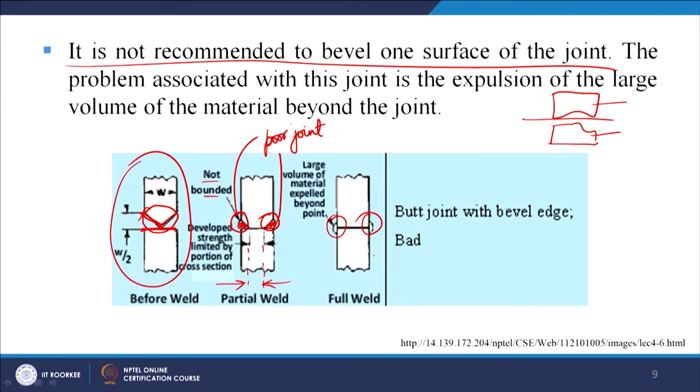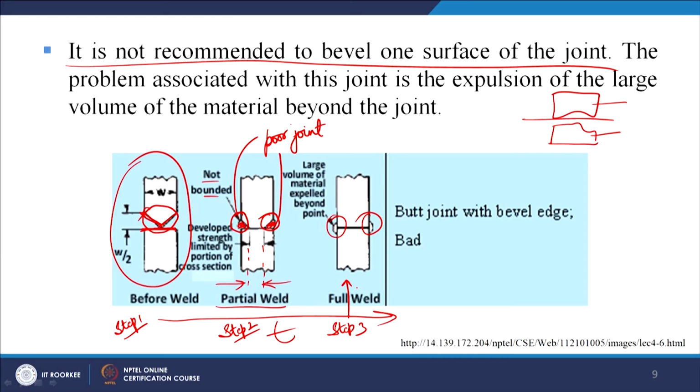Full weld. So this is a partial weld. So this is before weld. So we are moving in this direction in terms of time. So initially this is the case, maybe we can call it step 1. Then when we start the process, this is our step 2 in terms of time, and this is our step 3, which is the final or the full weld.